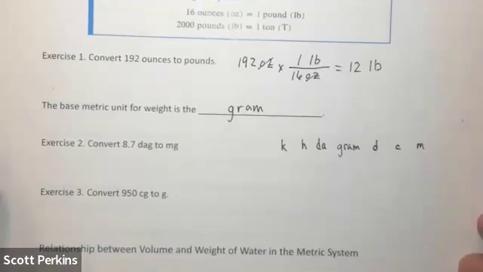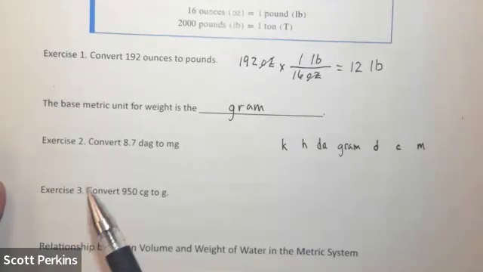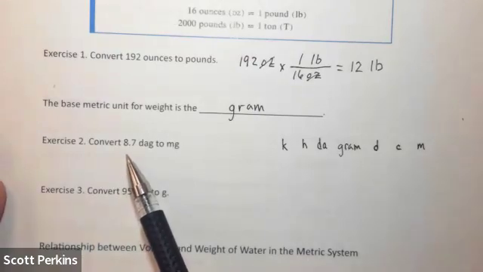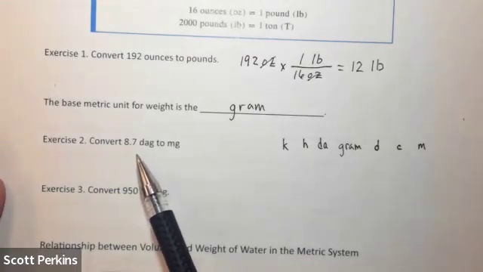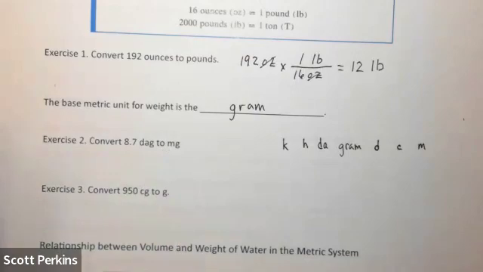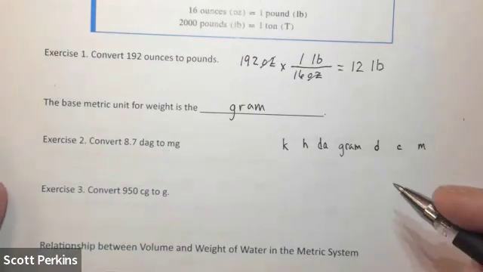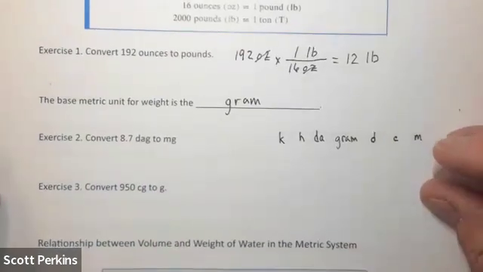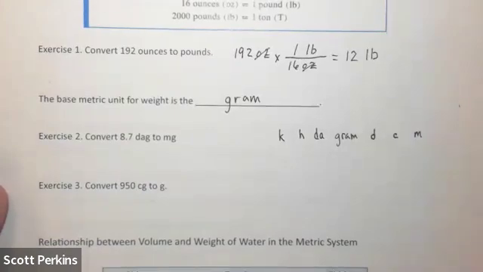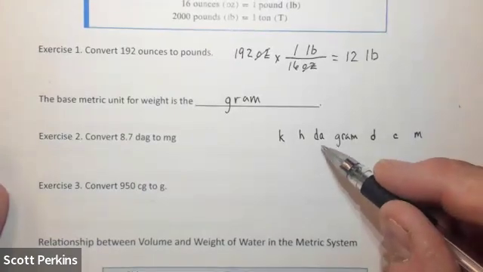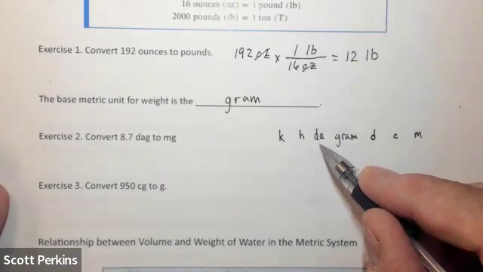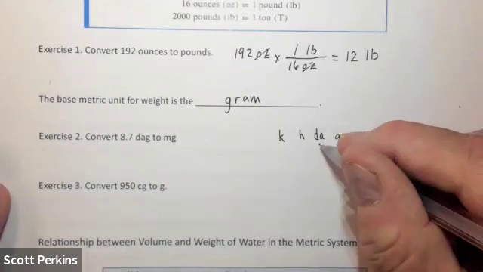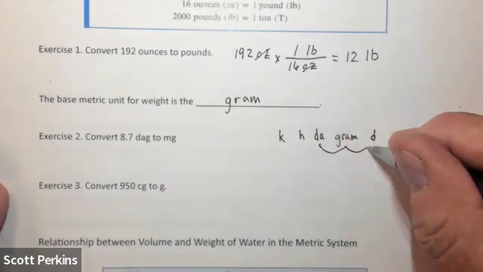All right, so welcome back. So what we're going to do is we're going to convert 8.7 decagrams to milligrams. And so remember, metric system is all base 10. So I am going to start at deca, and I am going to go this way with my decimal places.